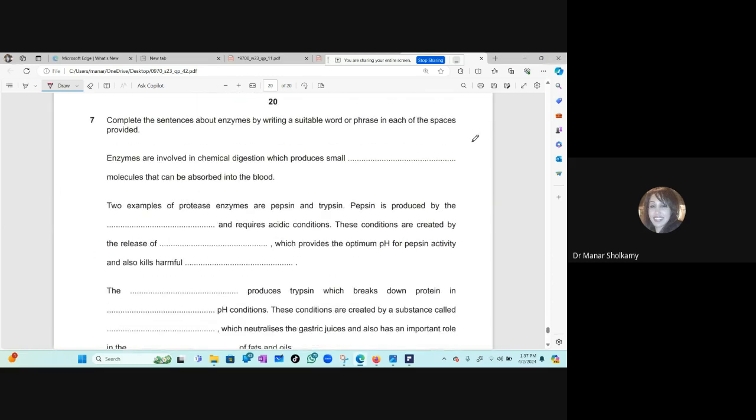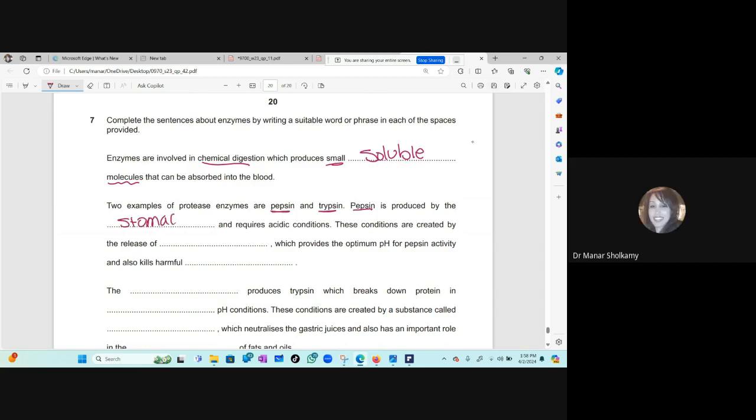The last question. Two examples of protease enzymes are pepsin and trypsin. Enzymes are involved in chemical digestion, which produces small what molecules? Soluble. Correct. Pepsin is produced by the stomach.